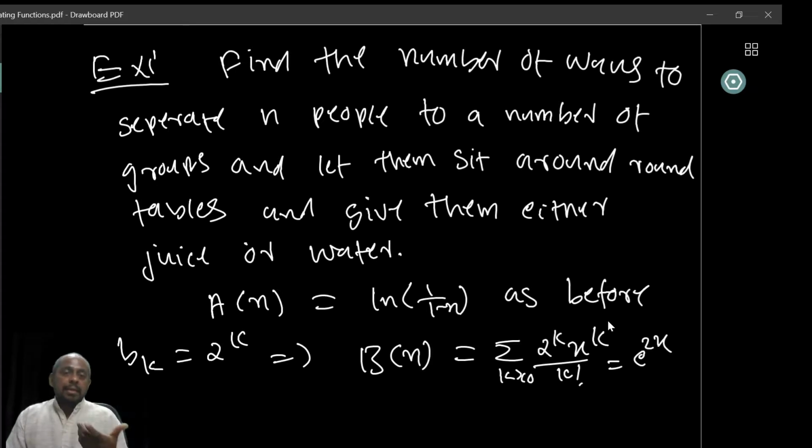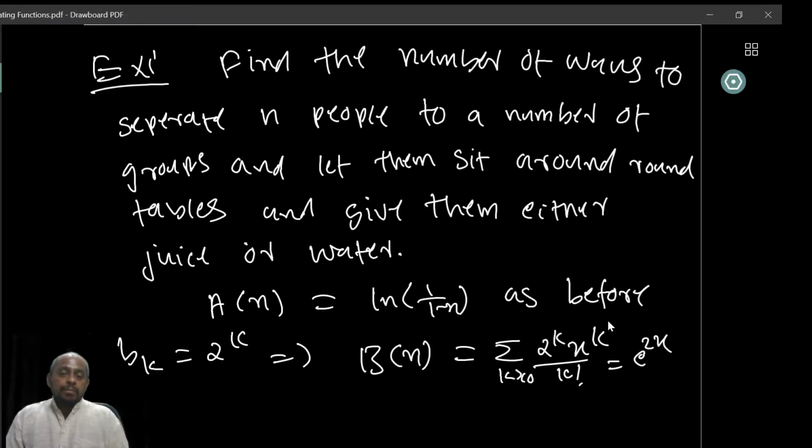So you have 2 raised to k choices for this. So now, what is b of x? b of x is summation 2 raised to k into x raised to k by k factorial, which is e raised to 2x. And a of x, as we saw in the previous case, is log of 1 by (1 minus x), because it is the circular permutation.